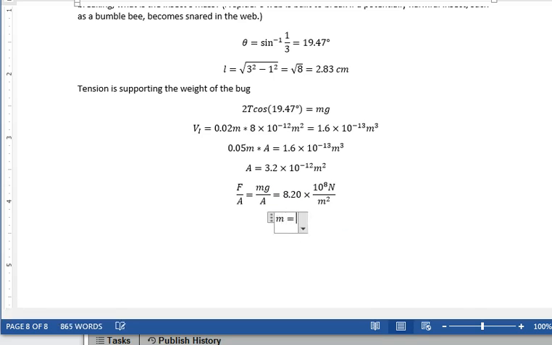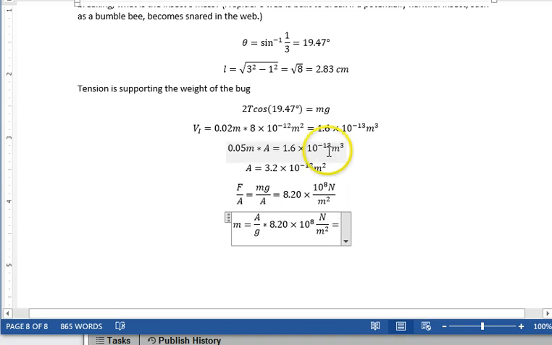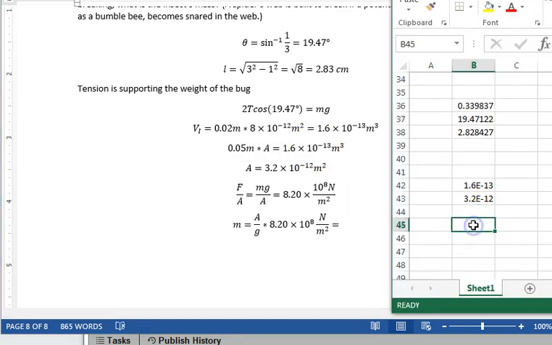The mass is A over g times 8.20 times 10 to the 8th newtons per square meter. I'm going to stick in the area and g: area divided by 9.8, times 8.2E8.